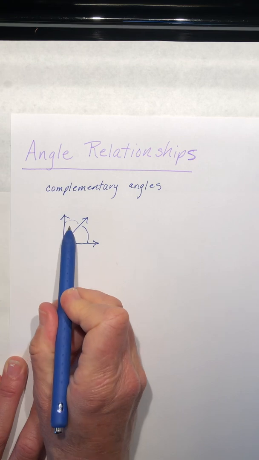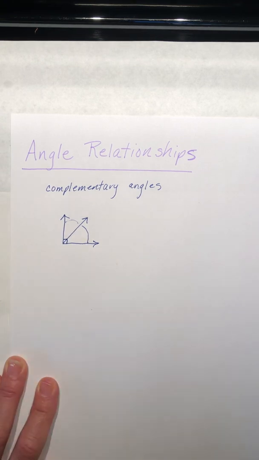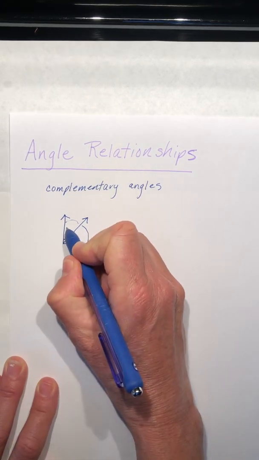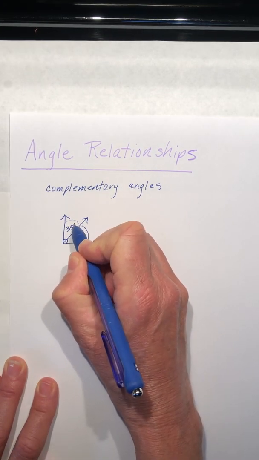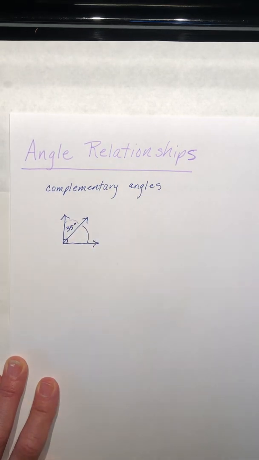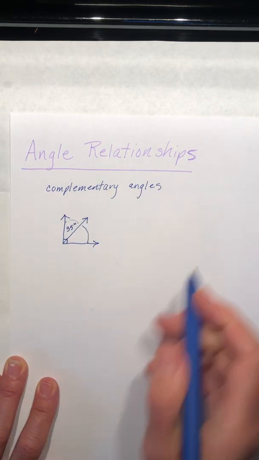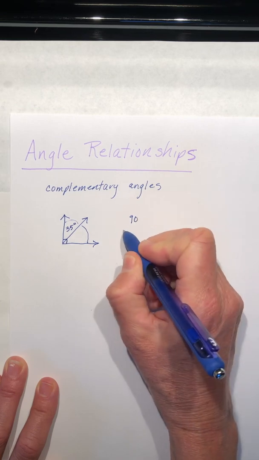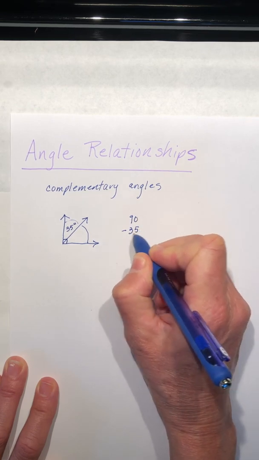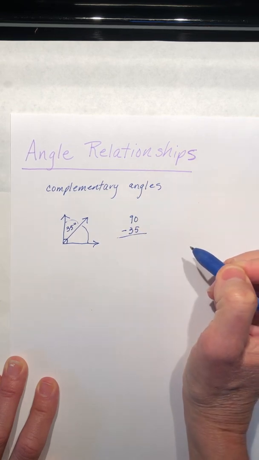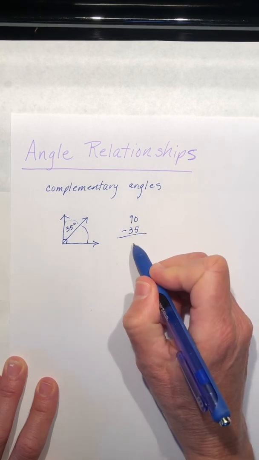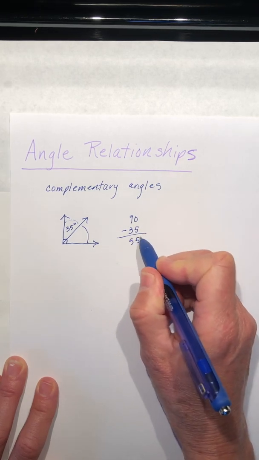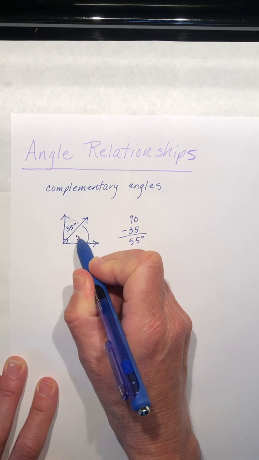So no matter what these two angles have a value of, they must add up to 90 degrees. So if this one is 35 degrees, what would the other one have to be? Well, it would have to be 90 minus 35. So the other angle must be 55 degrees.